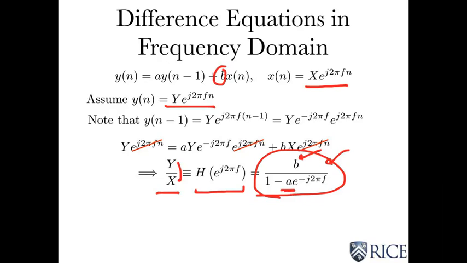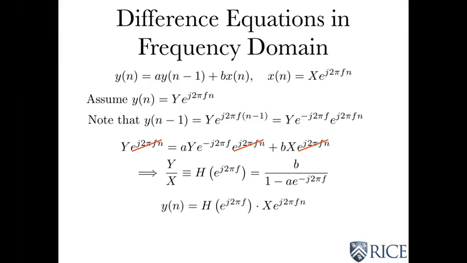What kind of filter it is, how good a filter it is, is all determined by a, because that's where the terms involving frequency are. So what we've seen is that the output is equal to the transfer function times the complex amplitude of the input times the complex exponential. Complex exponential in, complex exponential out.